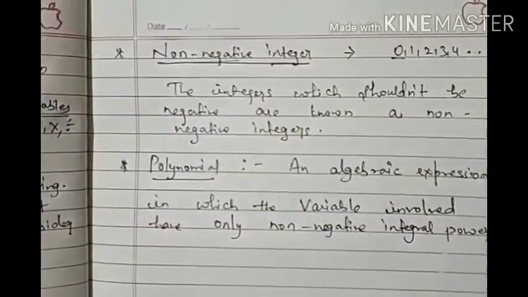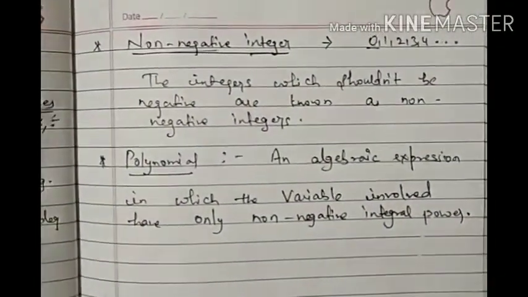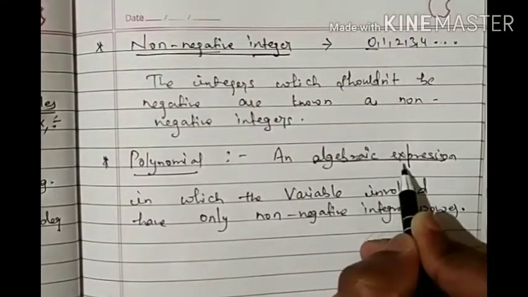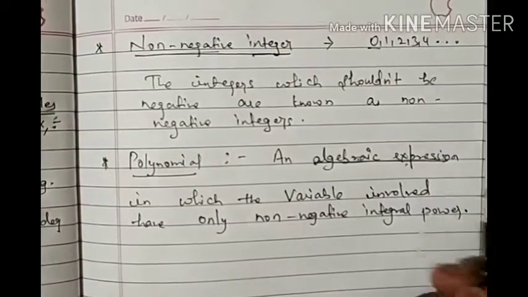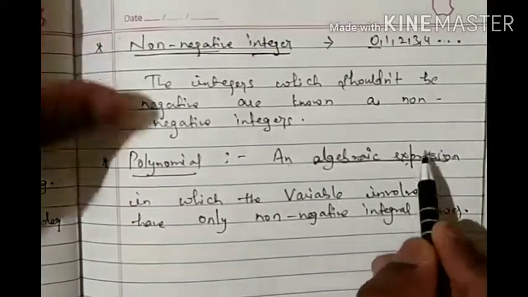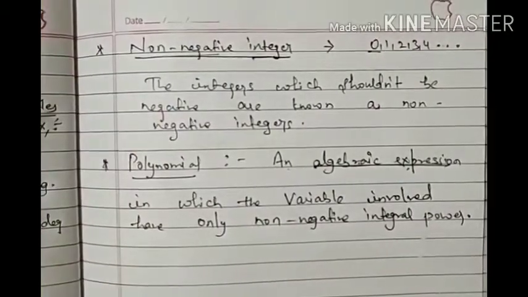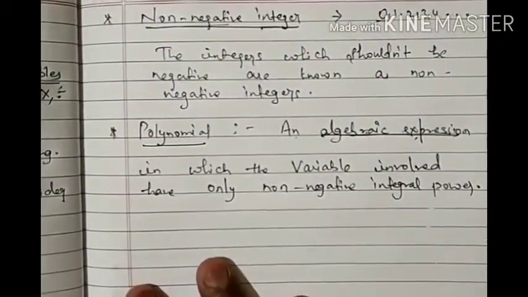So what is polynomial? It is an algebraic expression. What is algebraic expression? As I told you earlier, combination of variable and constant separated by either plus, minus, multiply or divide sign. An algebraic expression in which the variable involved have only non-negative integral power is known as polynomial.